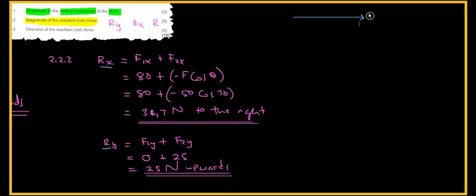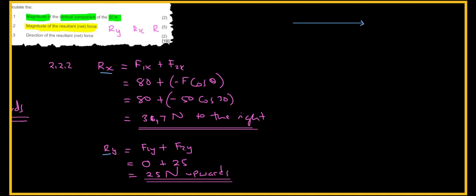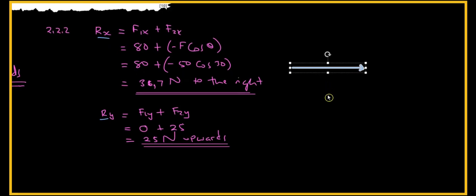Let me take this one down so that I can create some space there. Okay, fine. So this is my Rx, and then from there I need to draw my Ry. Starting here, it's going upwards, so I'll draw an upward vector like that. So this is my Rx, my Ry.